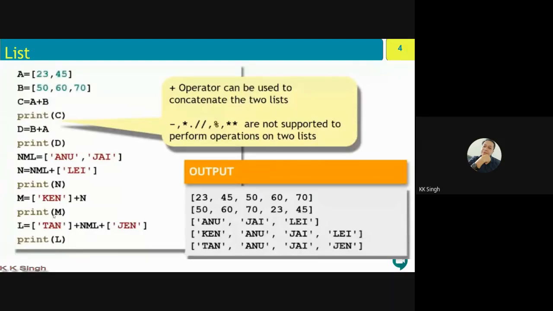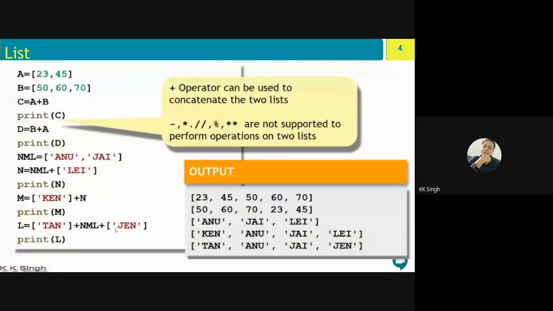Now here, L is equal to 10, NML, and Zen. This is concatenation again, but you will not see any error, as we had seen in the tuple while concatenating these strings. In the case of tuple, it showed a type error, because after 10 there was no comma.